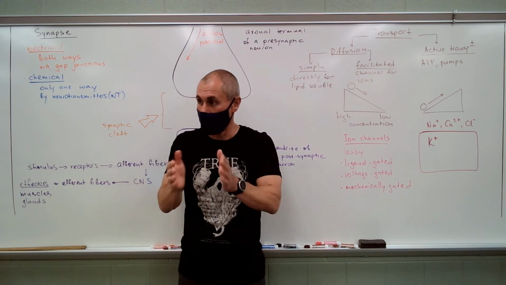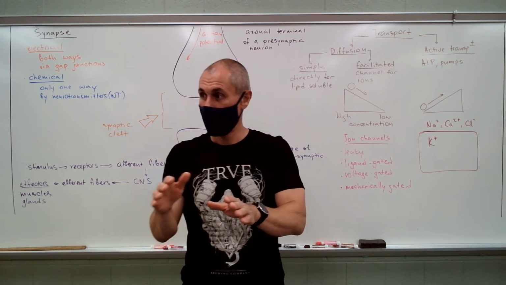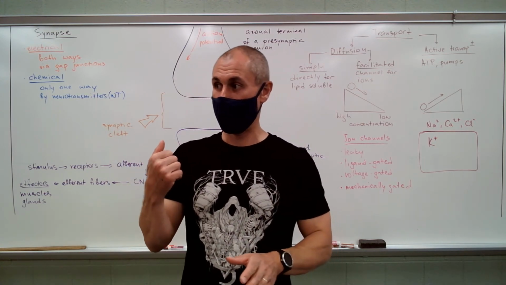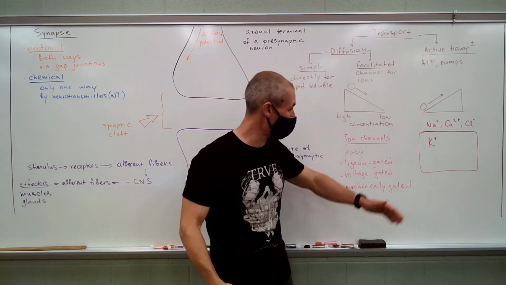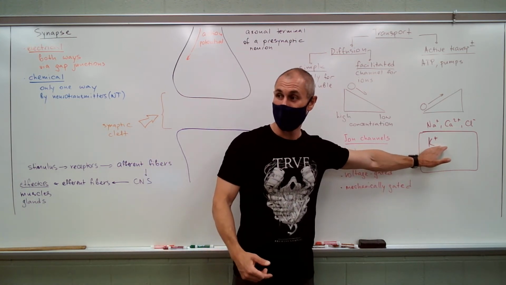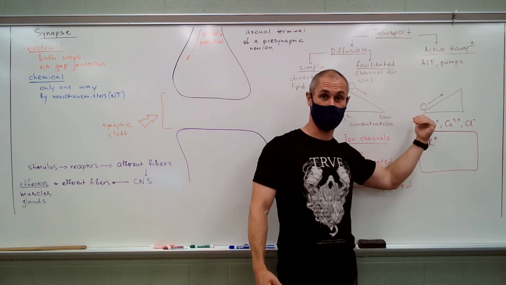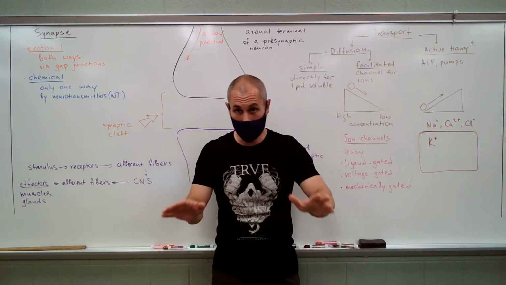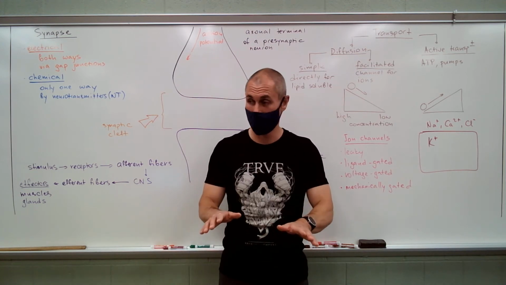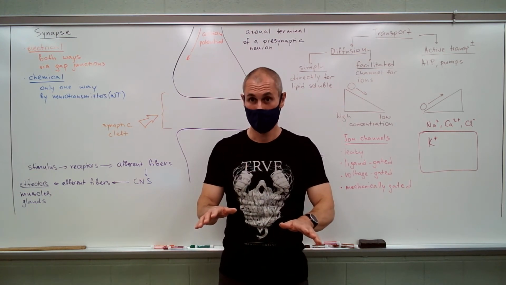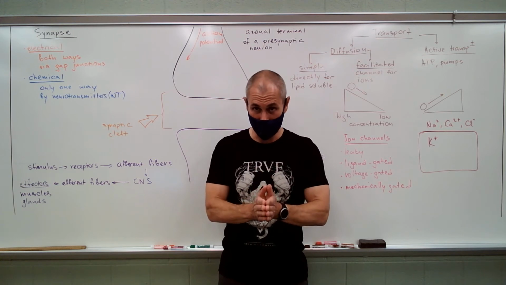Does that make sense? Always, than inside. That's all. And I always remember that concentration of potassium within the cell is much higher than the concentration of potassium outside of the cell. No numbers involved at all. Did I make myself clear?